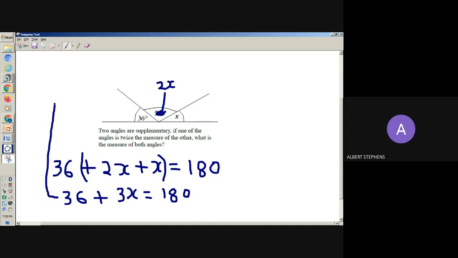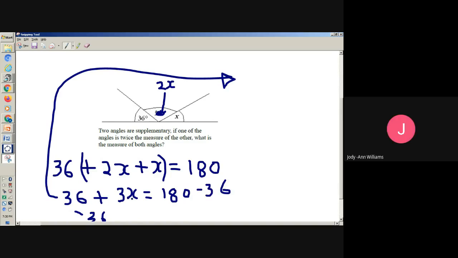All right. Can someone tell me what to do next? I would bring the 36, that'd be 180 minus 36. Right. You subtract 36 from the left, and you subtract 36 on the right. So you're going to end up with 3x.